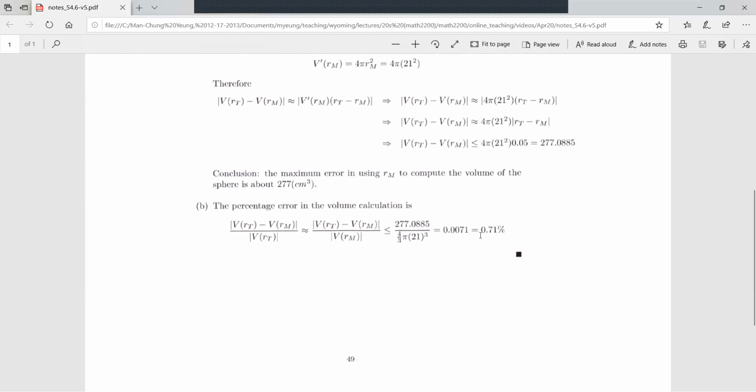In percentage, it is 0.71%. So the percentage error is not greater than 0.71%. That means that using 21 to compute the volume of the sphere, we are quite confident the result is accurate.